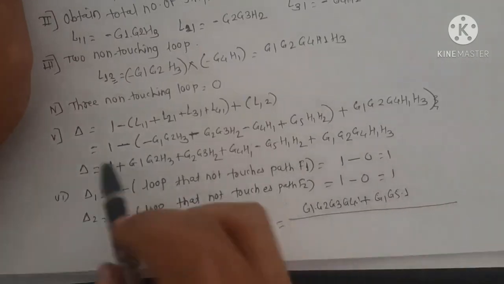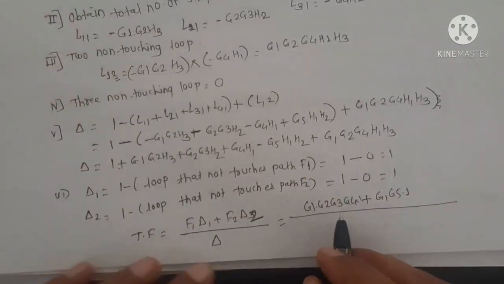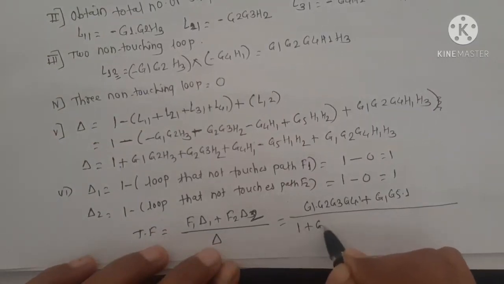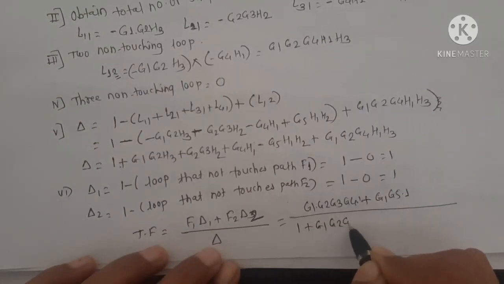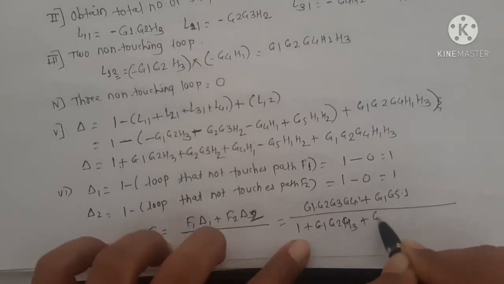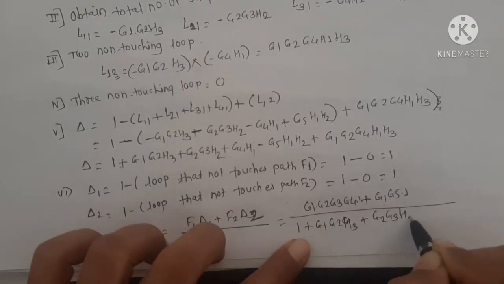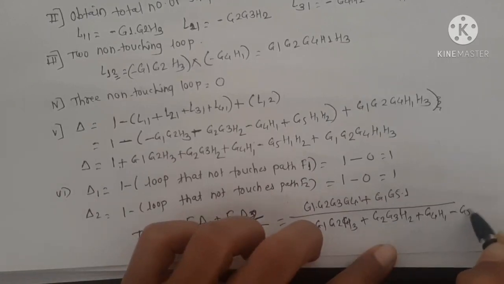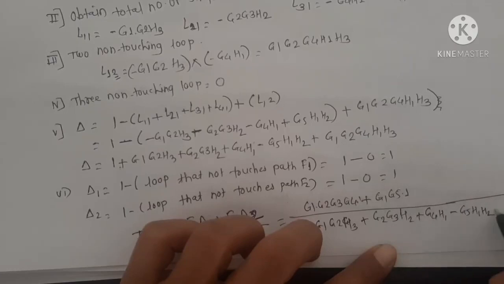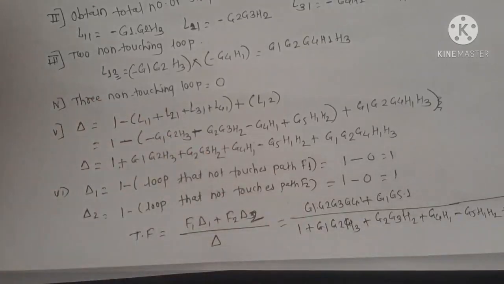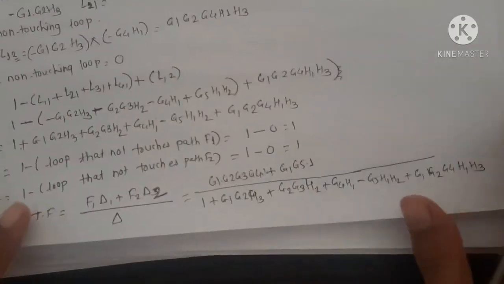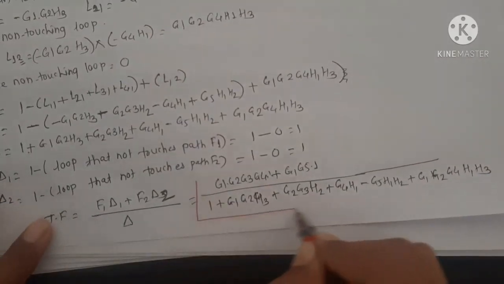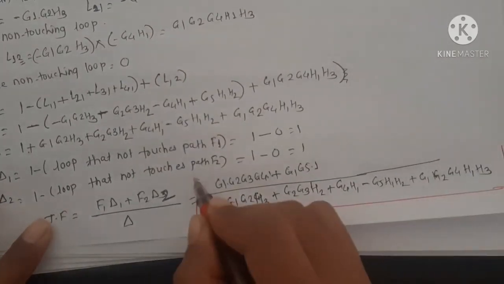And del is nothing but all these values, that is 1 plus g1, g2, h3 plus g2, g3, h2 plus g4, h1 minus g5, h1, h2 plus g1, g2, g4, h1, h3. So this is the final answer of our transfer function, that is the transfer function of the above signal flow graph.